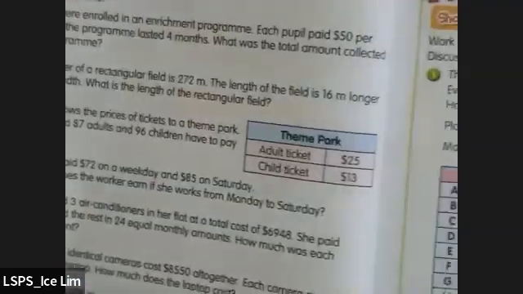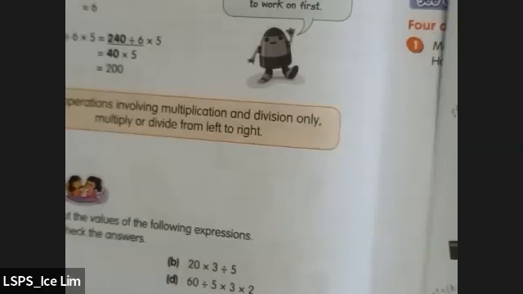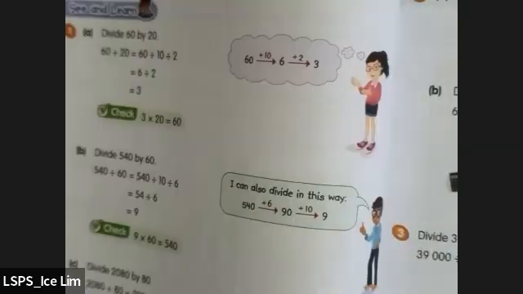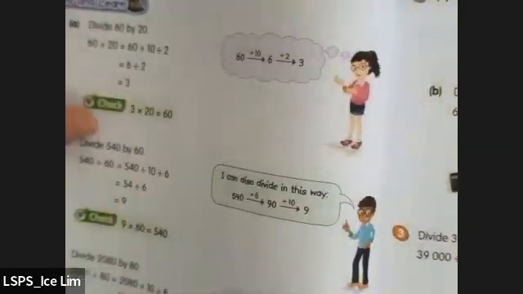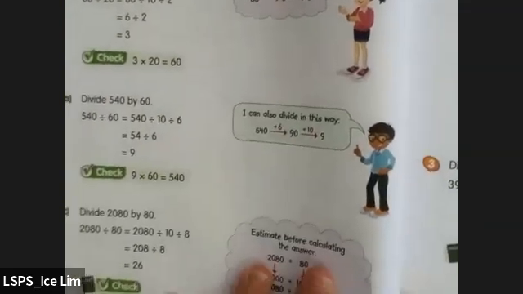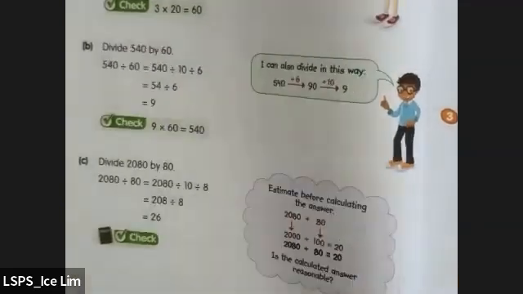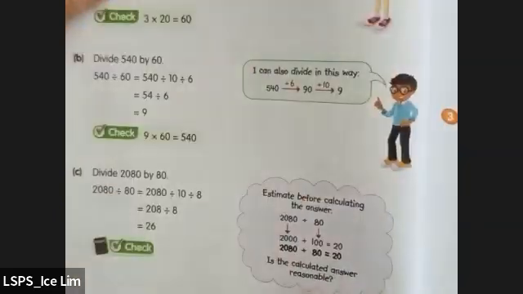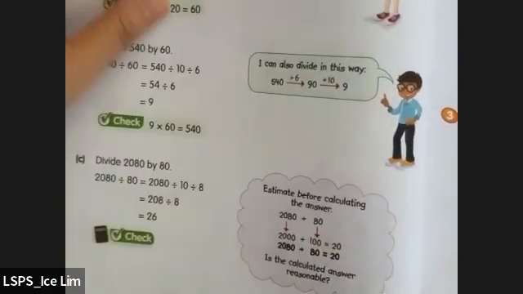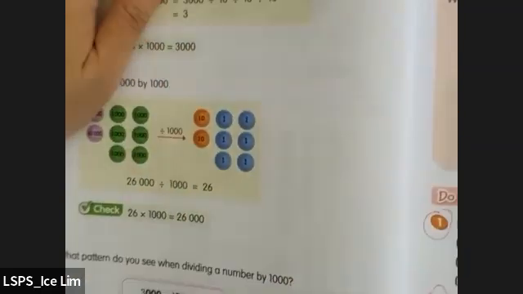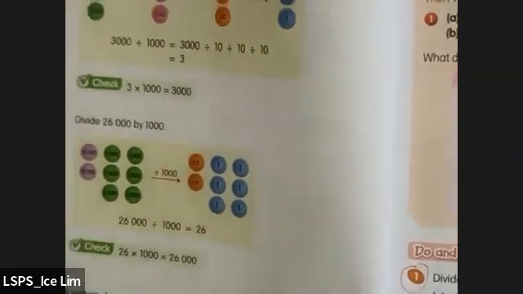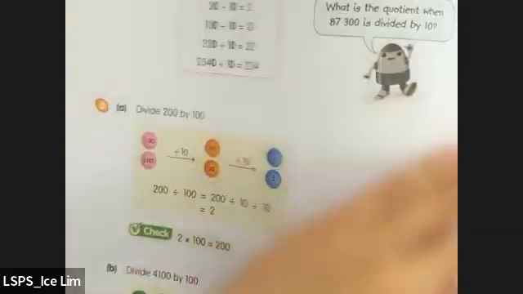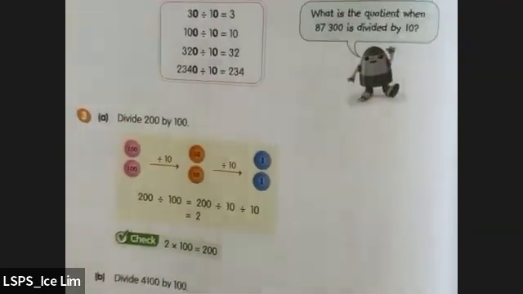Okay, let's move on. Yesterday we already talked about this, and our emphasis was really reminding us that all these in the textbook are presenting division ideas.